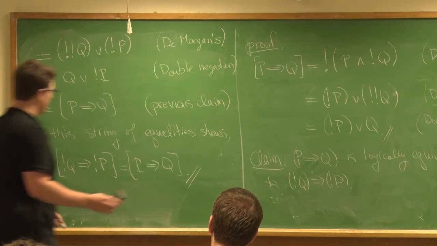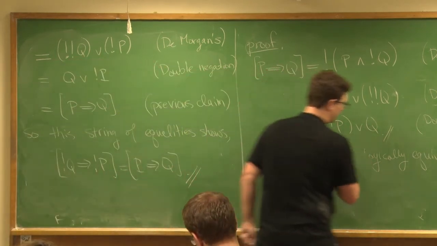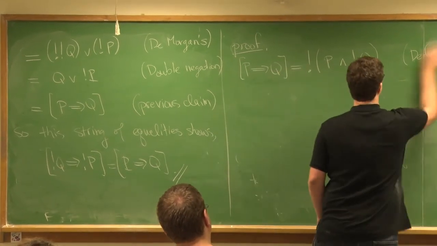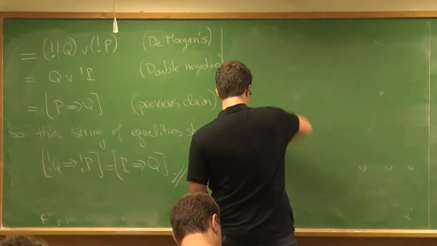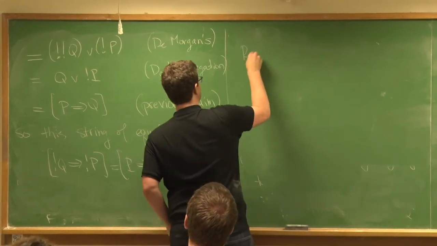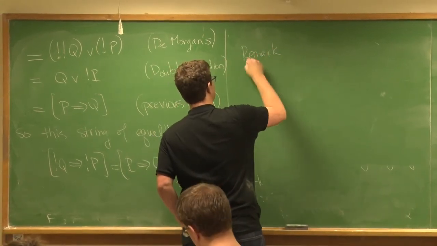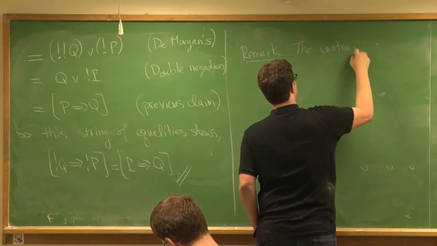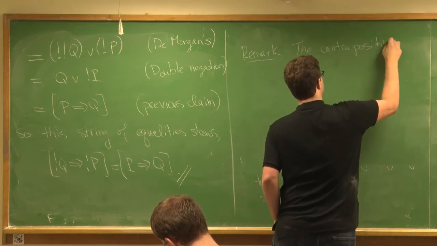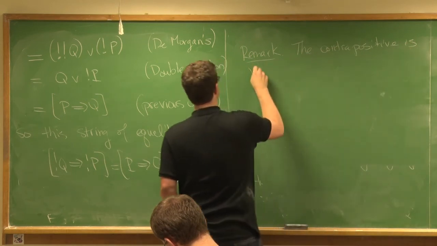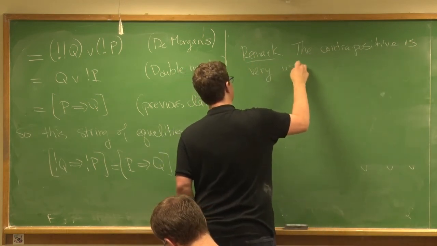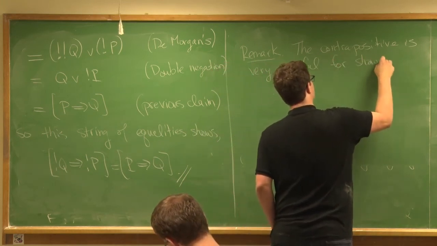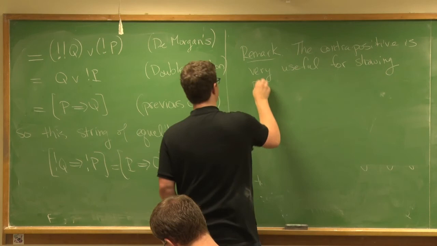Okay. So let me just make a remark here, and I just want to write it on the board, that the contrapositive is very useful for showing P implies Q sometimes.